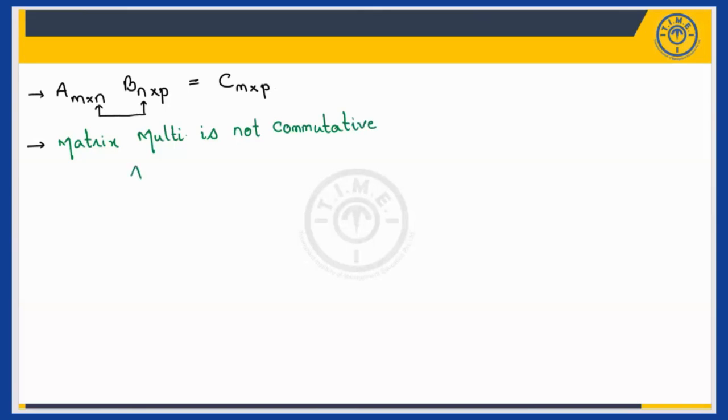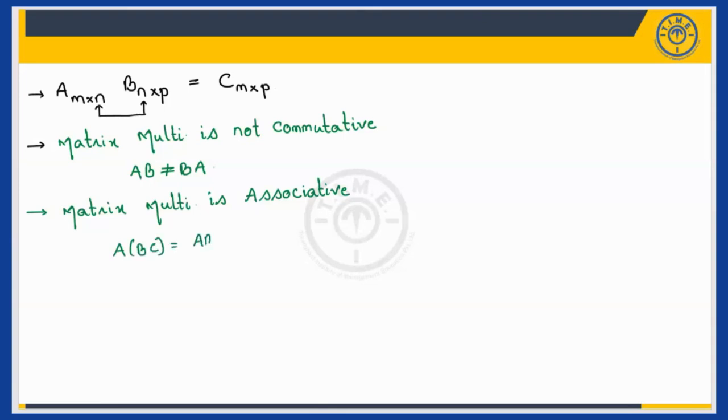That is, AB is not equal to BA always, except for a few matrices. And we can also say that matrix multiplication is associative. Now, what do you mean by associative? That is, A into BC is equal to AB into C.